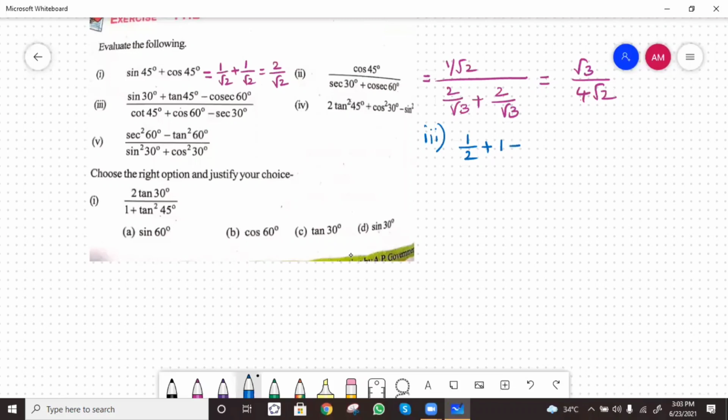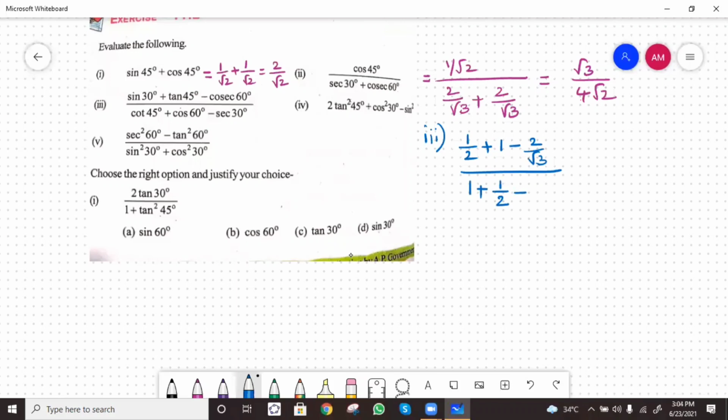What is cosecant 60? It's the reciprocal of sine 60. What is sine 60? Root 3 by 2. So we get 2 by root 3. What is cot 45? 1. Very good. What is cos 60? 1 by 2. What is secant 30?